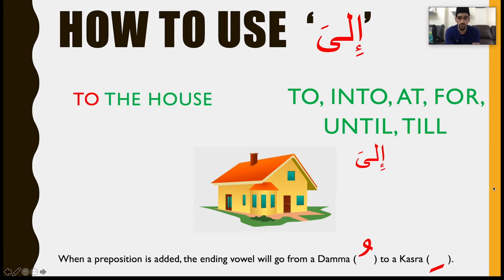So now let's see how to say to the house. إلى البيت. Because this is a preposition, the same rule applies: al-baytu, with the dhamma, becomes ila al-bayti when you have the preposition before it. Same as we've learned before. So ila al-bayti, to the house.